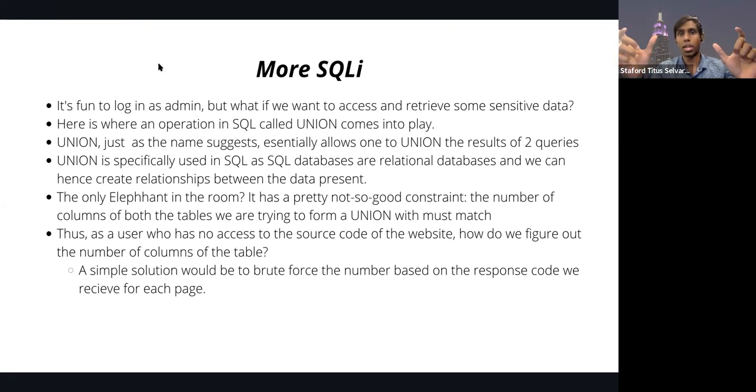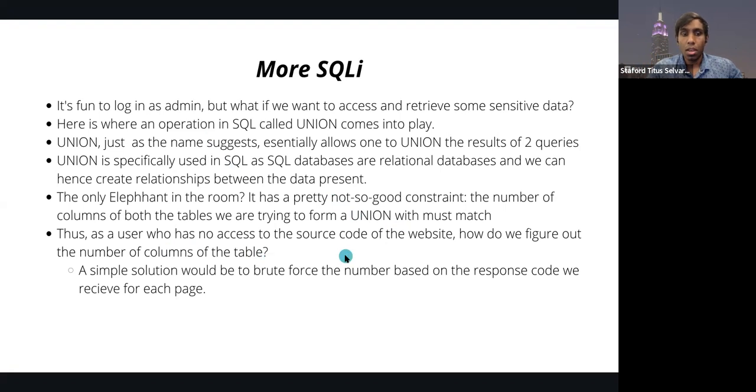The problem with union is that both sides should have the same number of columns. Only if the number of columns on both sides of the union query is the same will we be able to use it. Otherwise, it will be of no use.